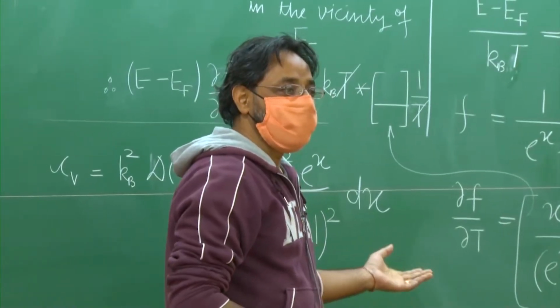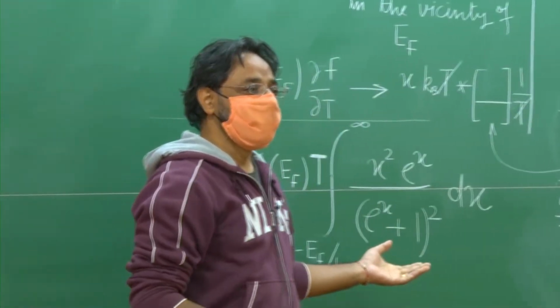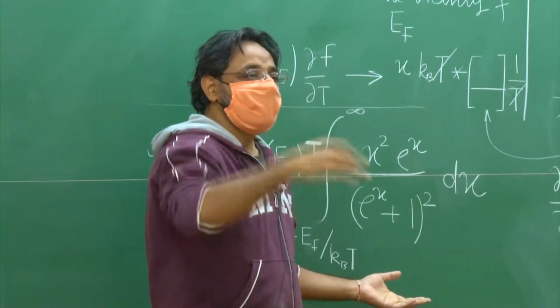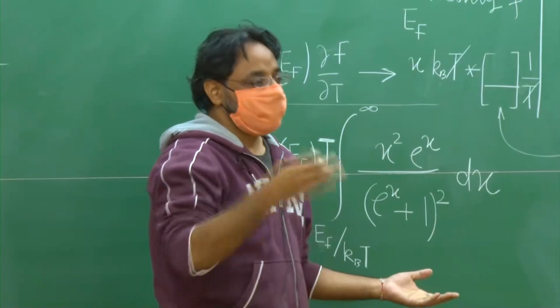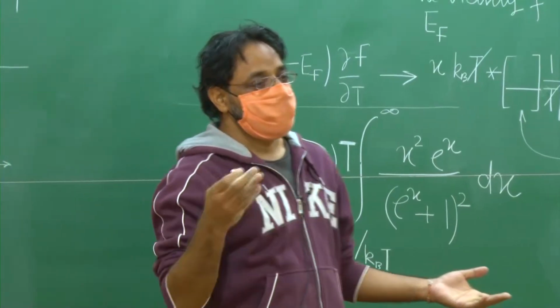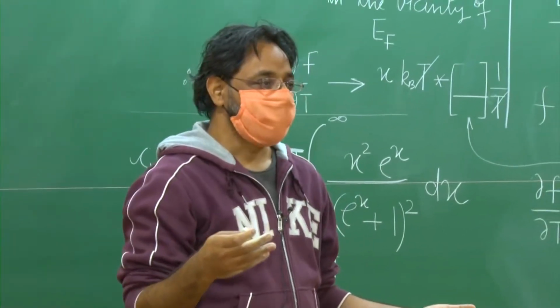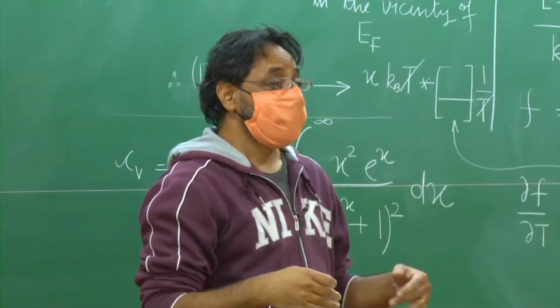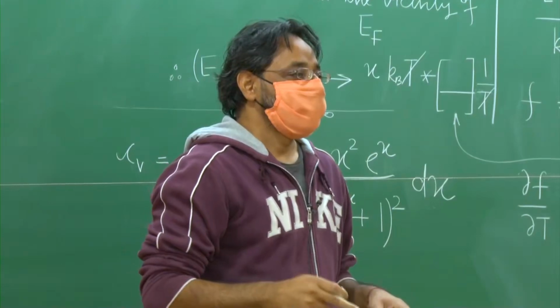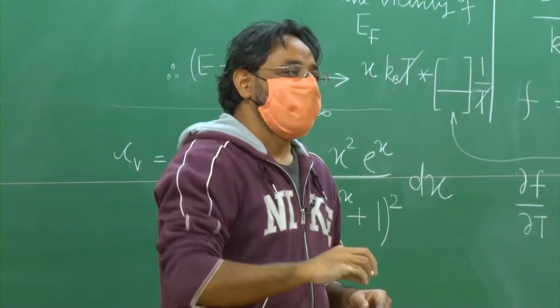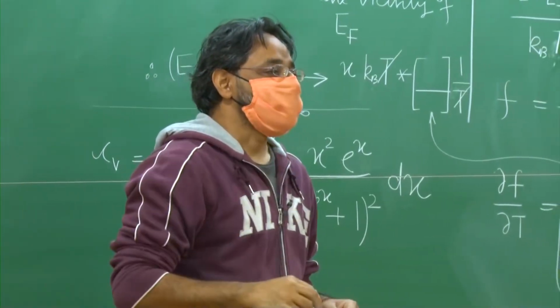For instance, for copper, the Debye temperature is 400 Kelvin. So by 400 Kelvin, you would definitely reach the classical limit. You would have reached the specific heat of 3 kB, the Dulong-Petit limit. But at 400 K, for the same copper, the electronic specific heat would still be going linearly, and linearly with a very small slope.